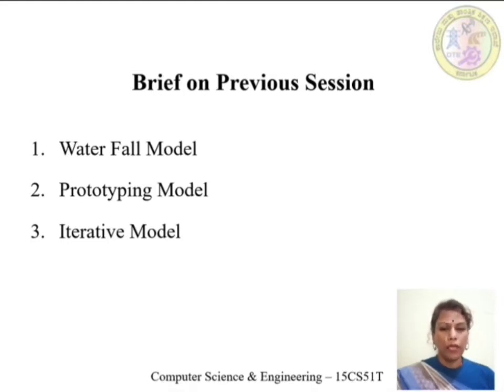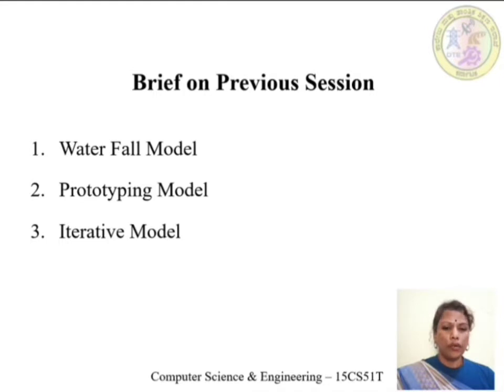Whereas in the prototyping model, without the complete understanding of the requirements, project development can proceed. Here, the initial requirements that are essential to move ahead with the product development are used.